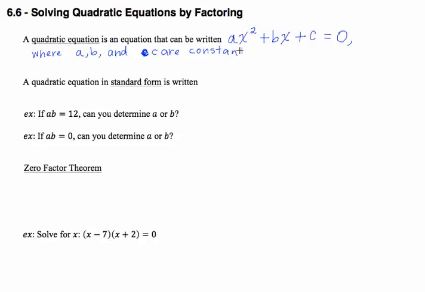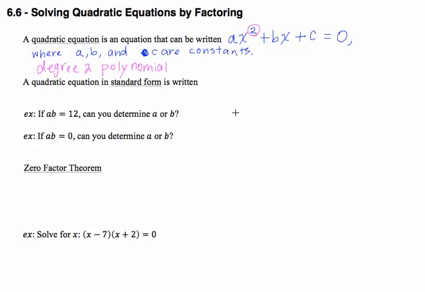So it's a polynomial, and technically this is called degree 2. It's called a polynomial of degree 2, or second degree. And that's because the highest power you'll see in a quadratic is 2.